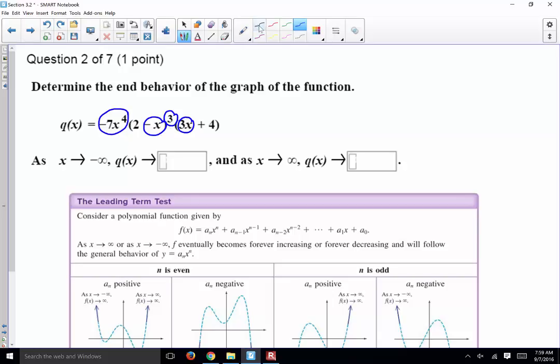Okay, so basically the leading term will be the product of negative 7x to the fourth times minus x cubed times 3x. Okay, let's clear something. What happens if you multiply minus x three times itself? It's negative x cubed.